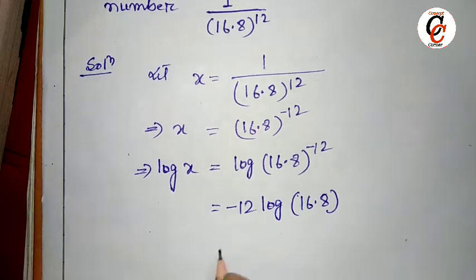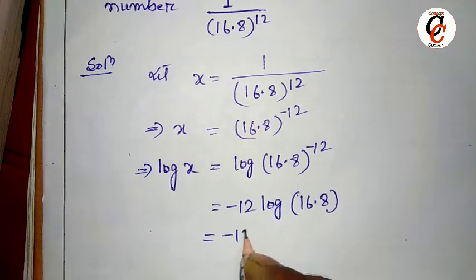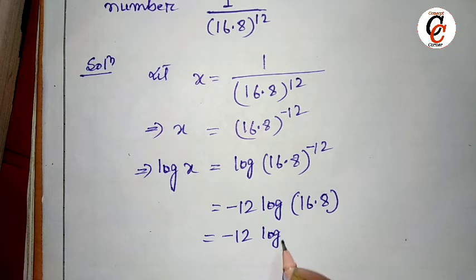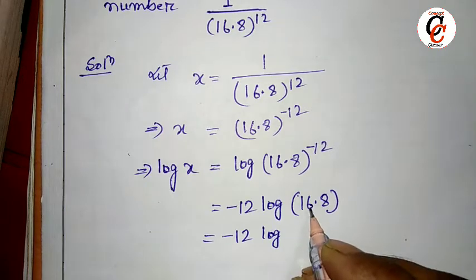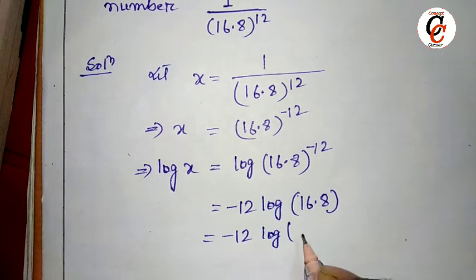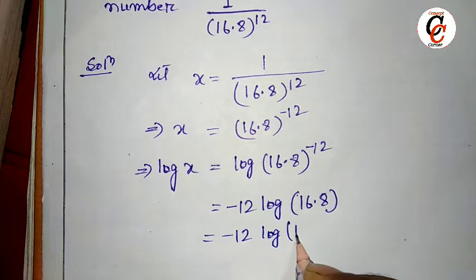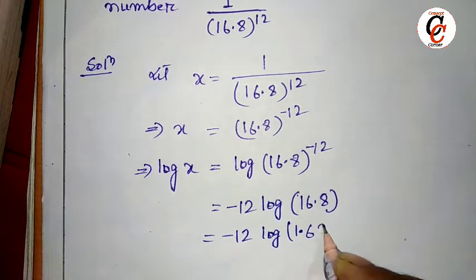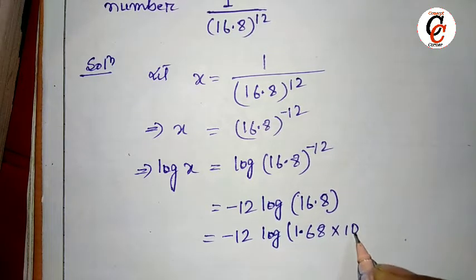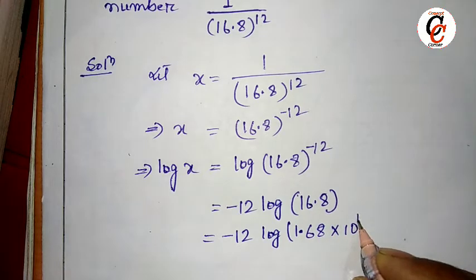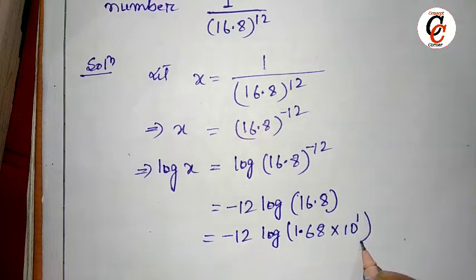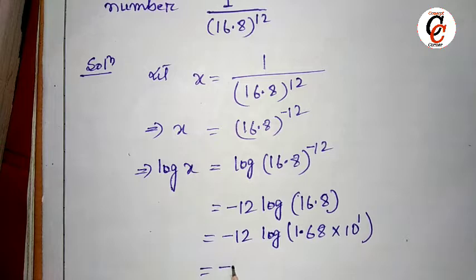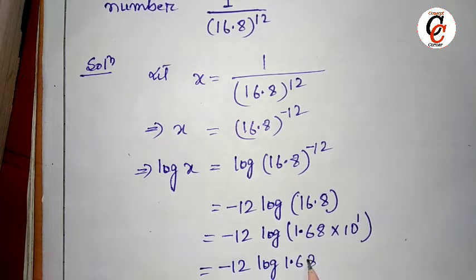So log of 16.8 we can write, 16.8 can be written in standard form as 1.68 into 10 to the power 1. That means minus 12 log of 1.68 plus log of 10 to the power 1, or 10.